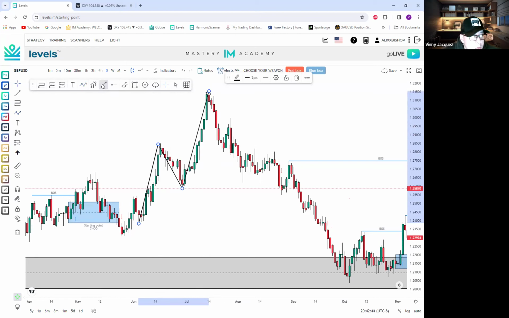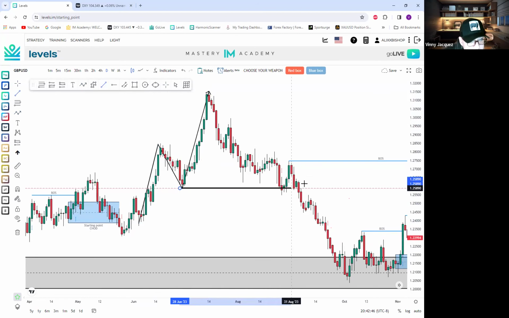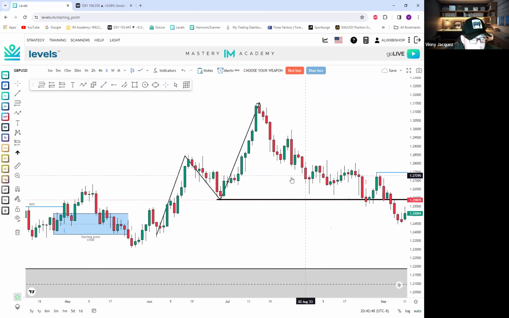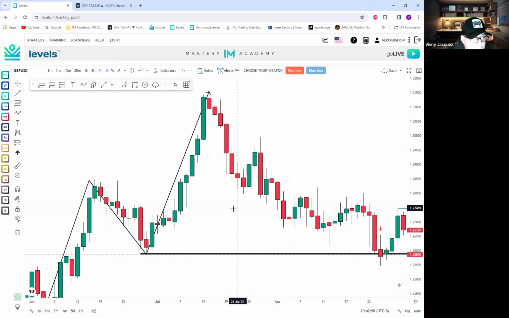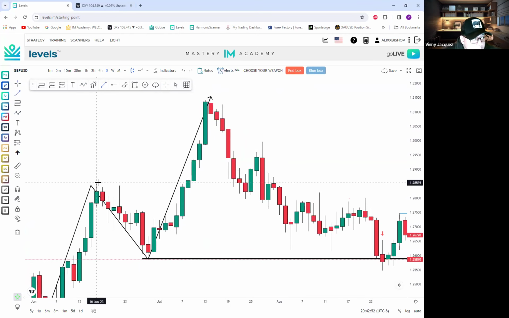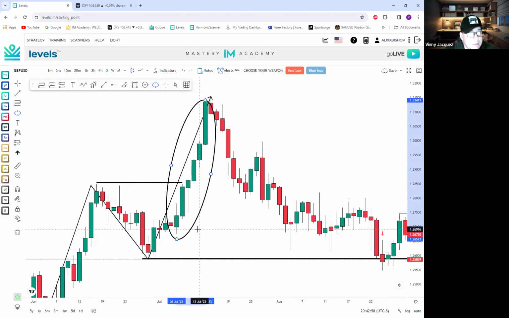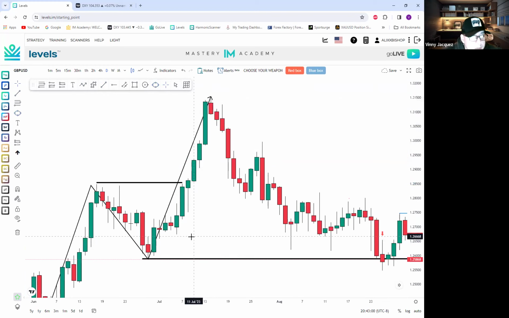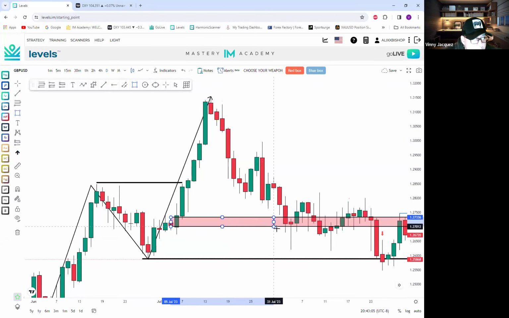Now notice how market drops below and we change character. Let's zoom in. We did get a breakout rally. That's pretty clean, right? Now this right here would be the starting point.